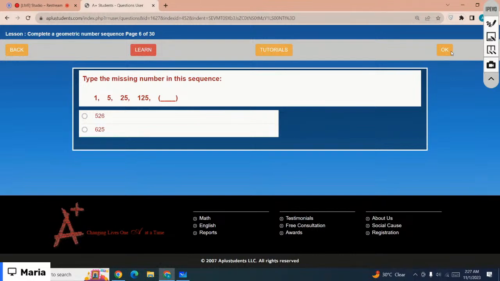Yes, the next one is 625. Very good. No, not 526. You need to multiply 125 by 5, right? And 125 times 5 is 625. So the next number in the sequence is 625. Got it?